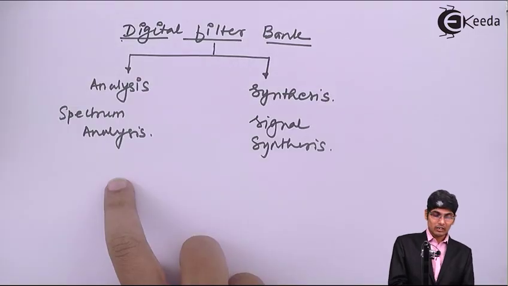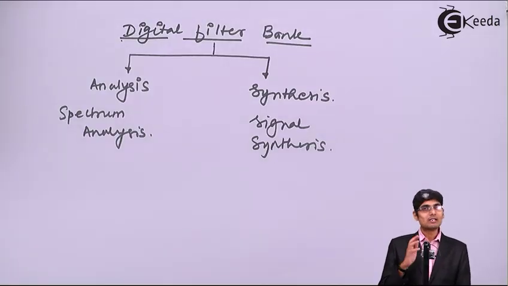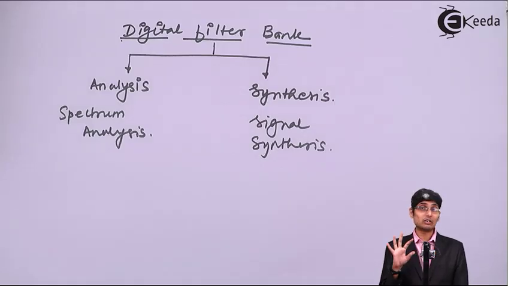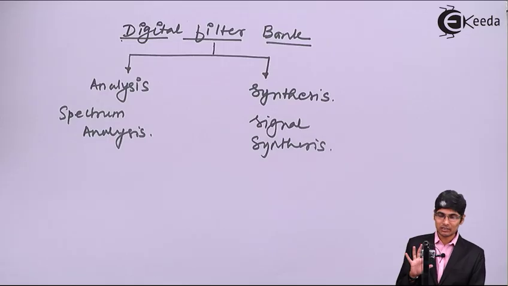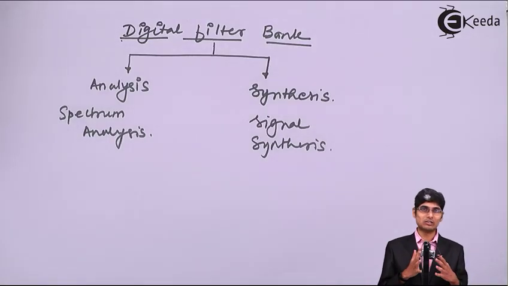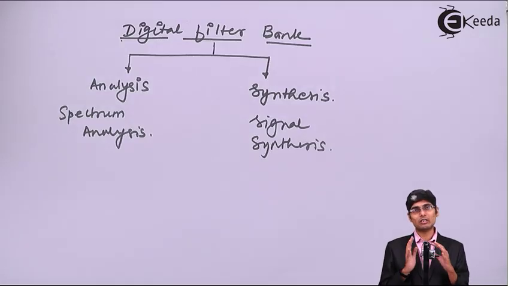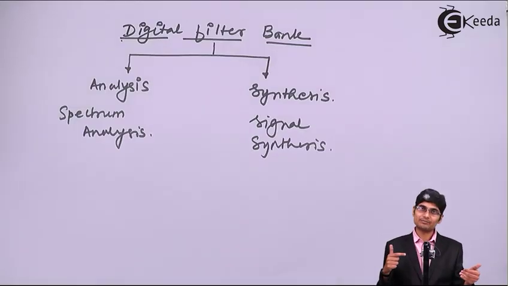So here it will be one input and many outputs, that is analysis bank. Synthesis bank, many inputs, one output. You can say it is similar to a multiplexer and demultiplexer. I am not saying it is the same as a multiplexer and demultiplexer, you can just make an analogy that the analysis filter bank looks like a device which has one input and many outputs.